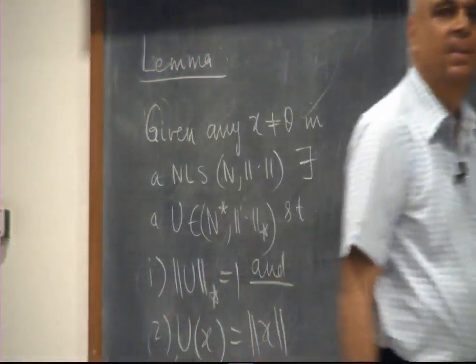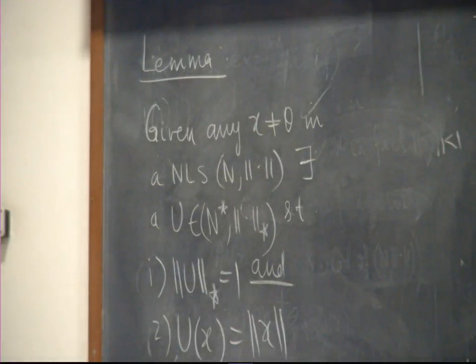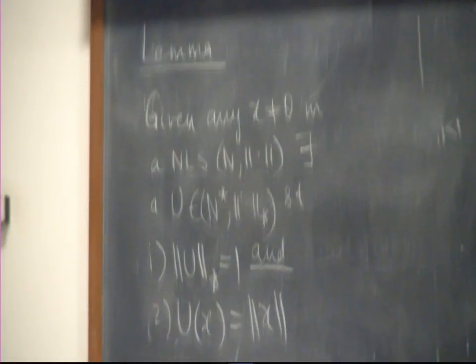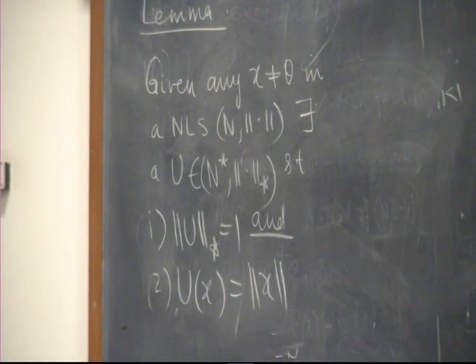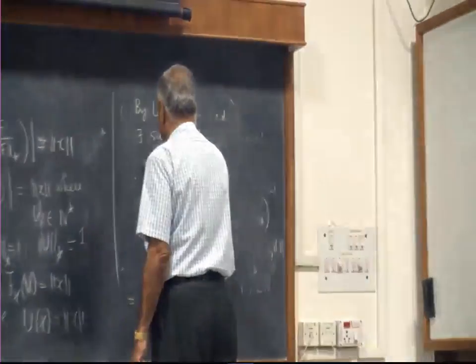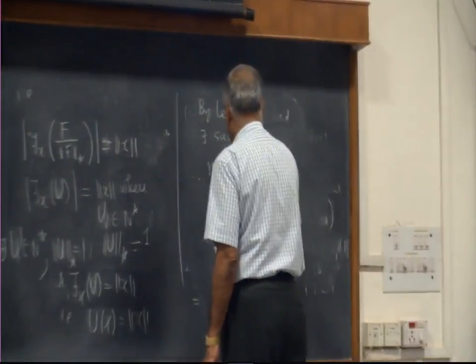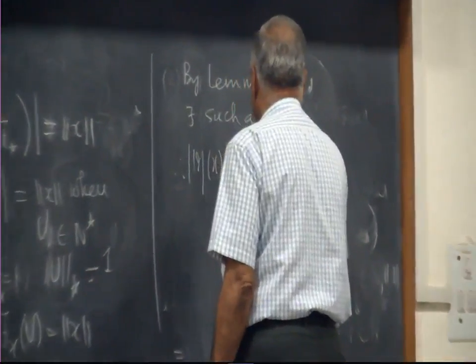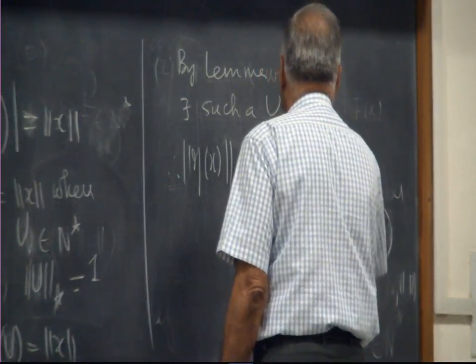We will come to that lemma. Suppose we have that lemma, then we are done. Therefore, by the lemma, there exists such a U, and therefore eta x double star equals norm x for every x.